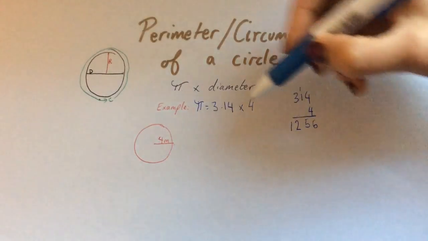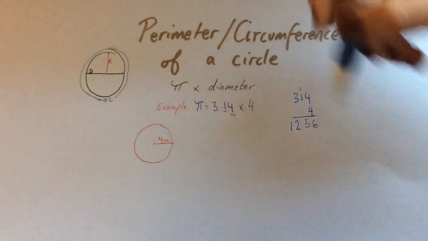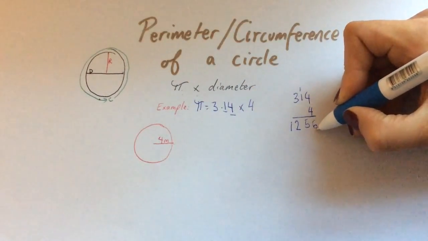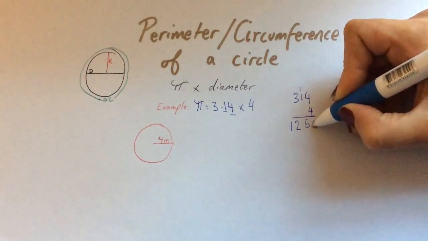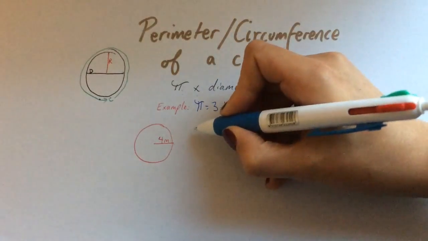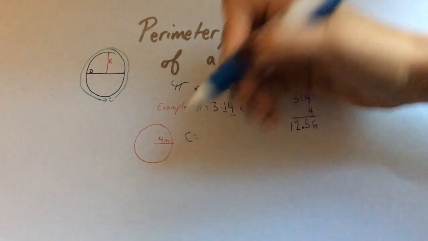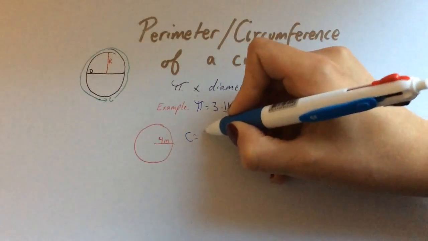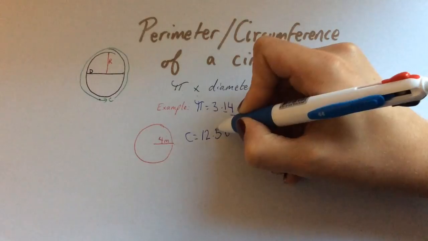Now I've got 2 digits after the decimal place, so I count my decimal in 2 from my last digit. 1, 2, that's where it goes. So my circumference of this circle is 12 and 56 hundredths.